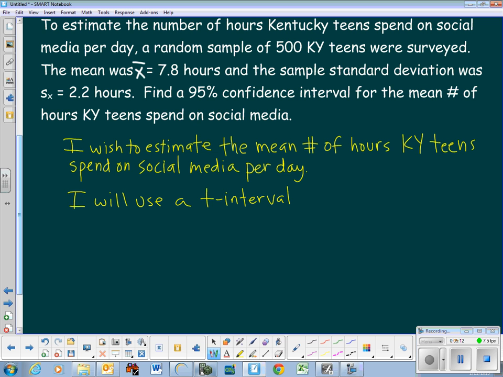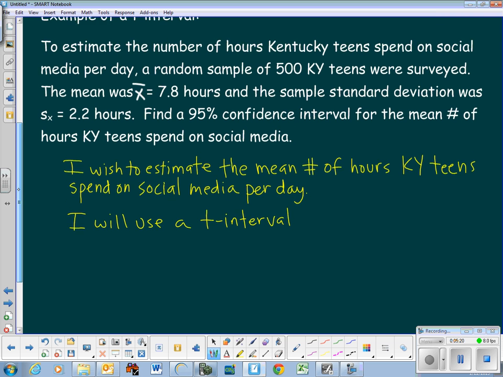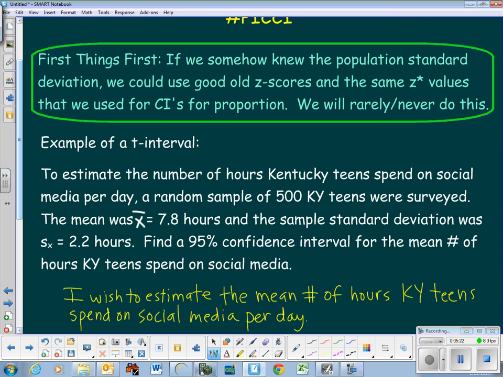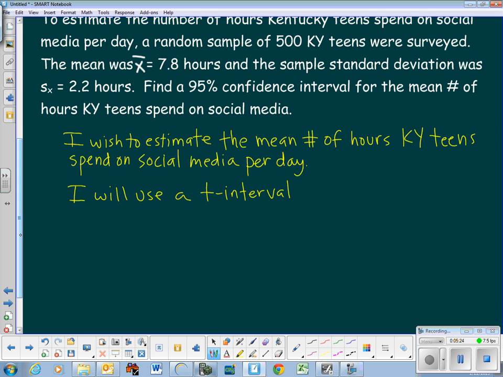And for means, as I'll show you in a minute, we cannot use z, we have to use t. So what the heck is t? We'll get there. Again, if I somehow knew the population standard deviation, then this statement would say I will use a z-interval. But 99.9% of the problems you work for means will be t-intervals. So we're going to do that until I see something on the AP exam that said to do a z.